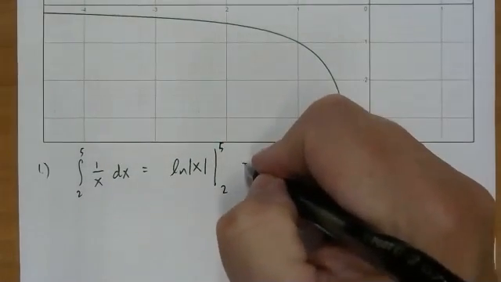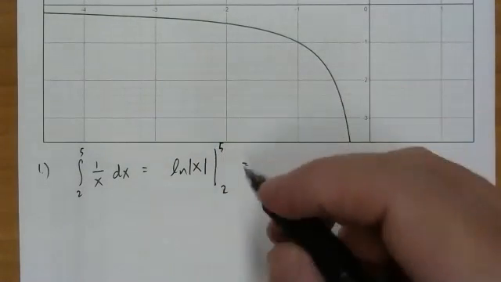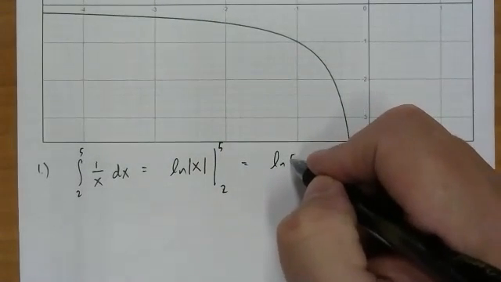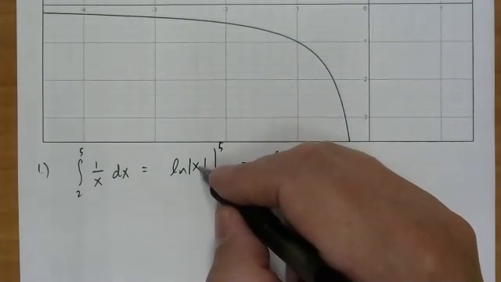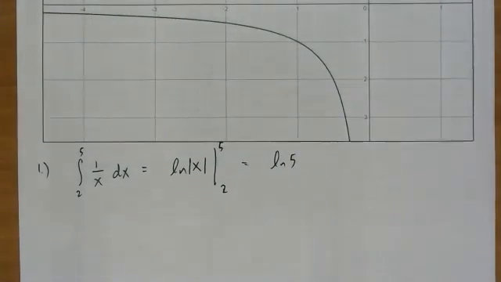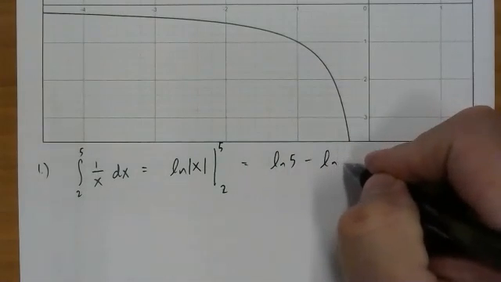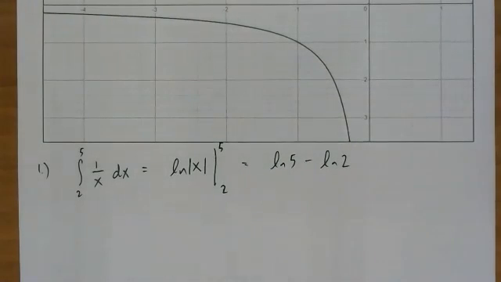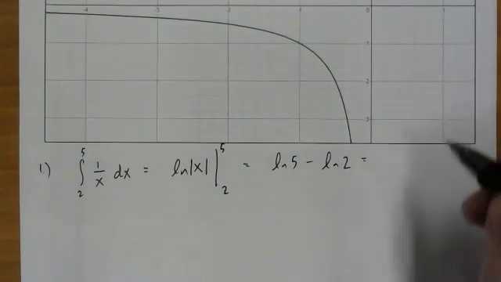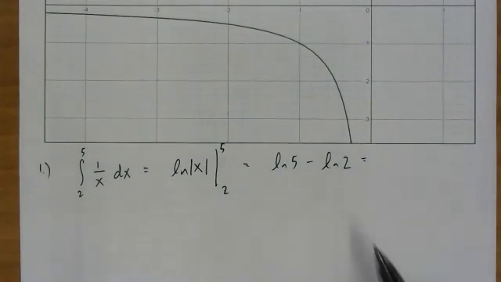So now if I evaluate it from 2 to 5, natural log of 5, plugging in 5 for x, the absolute value of 5 is just 5, minus natural log of 2. Now, if they were asking for an exact answer, then you're done.